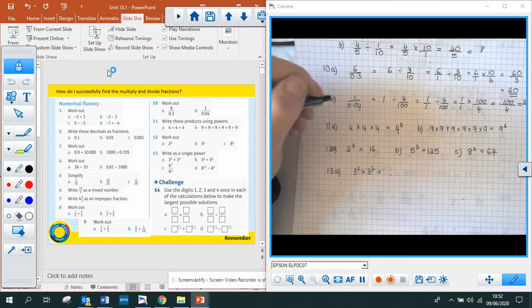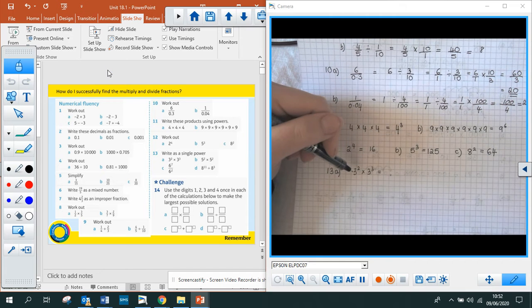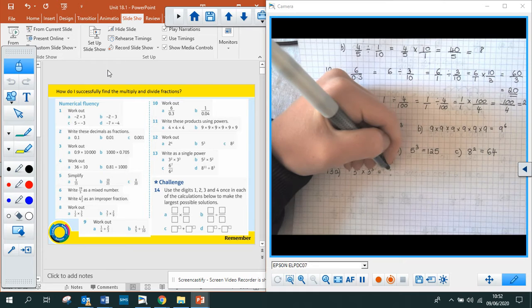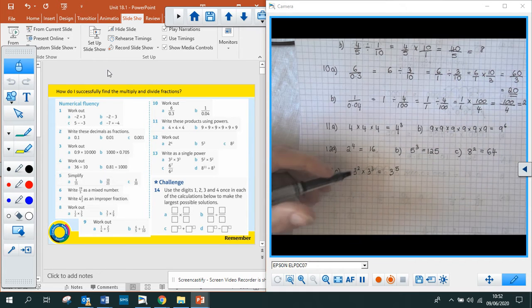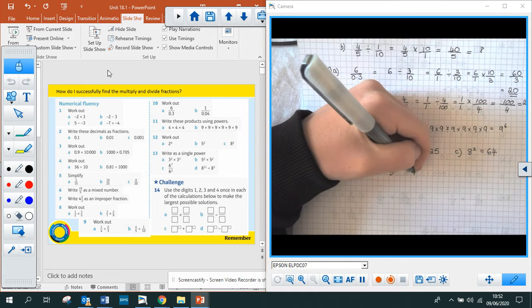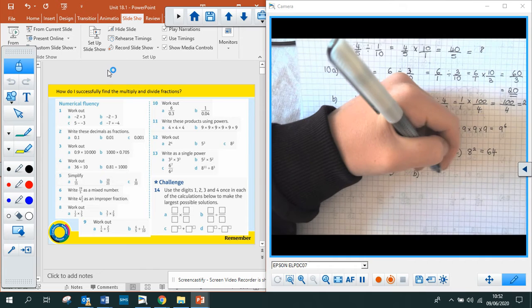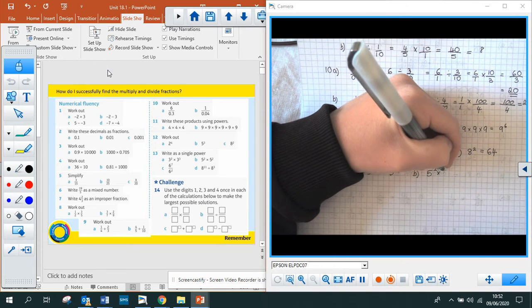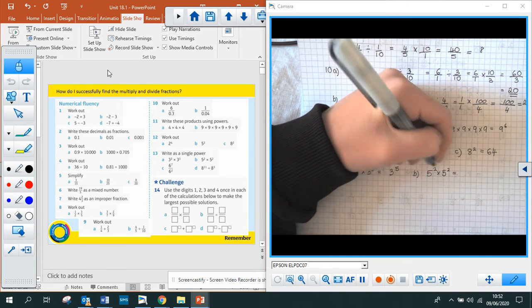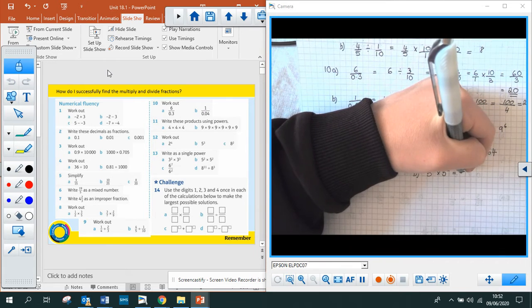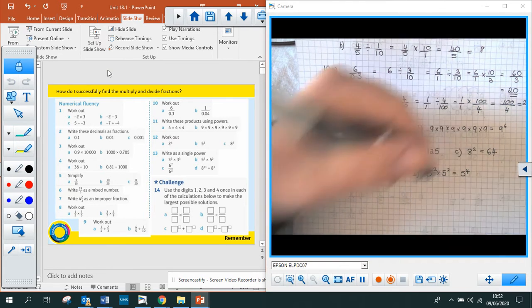They want it as a single power, your answer. The rule here, when you multiply, you add your indices. So it's 3 to the power of 5 would be my answer, because 2 plus 3 is 5. B, you've got 5 squared multiplied by 5 squared. Same thing, you add your indices. So you get 5 to the power of 4 because 2 plus 2 is 4.